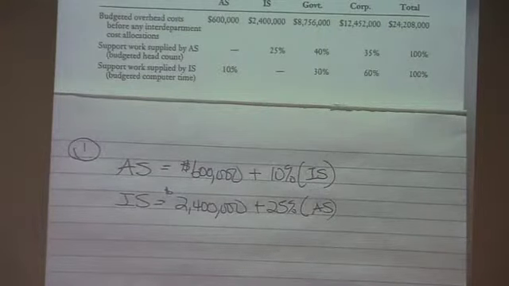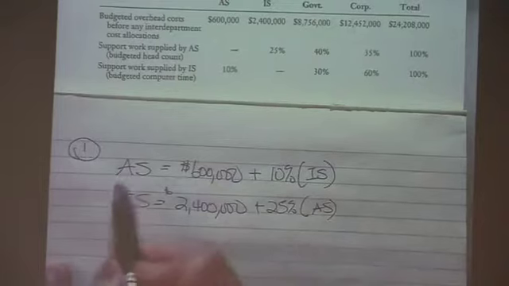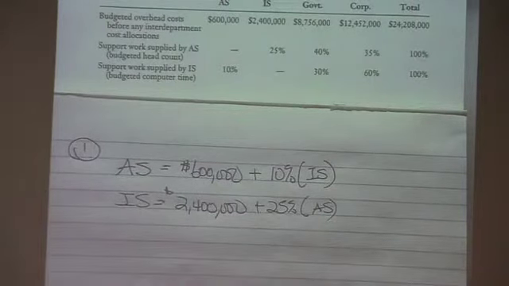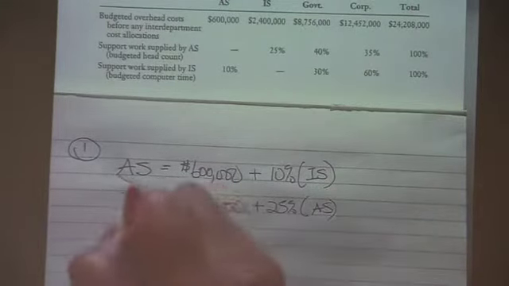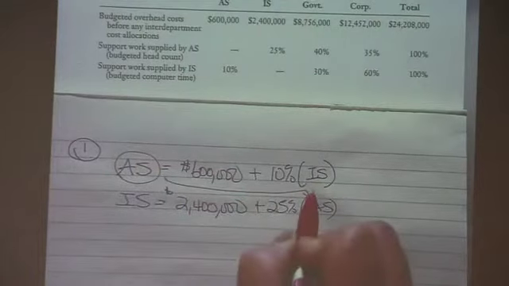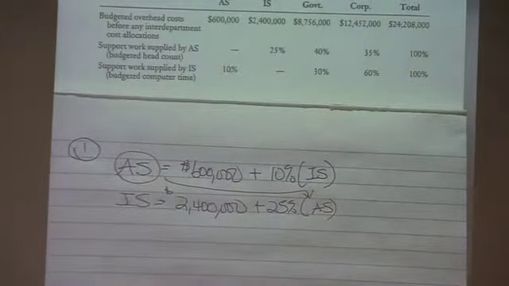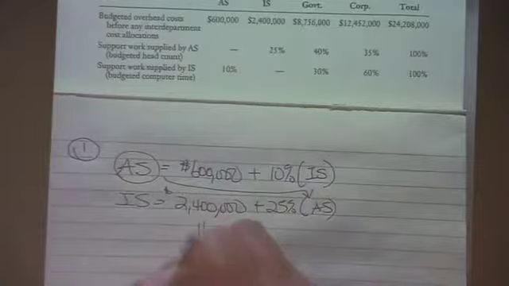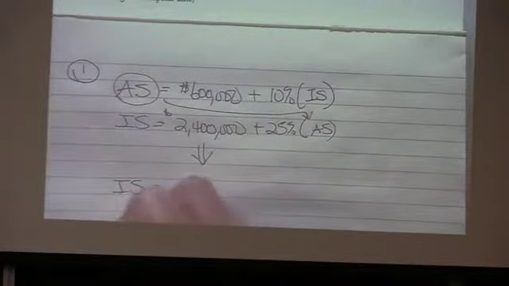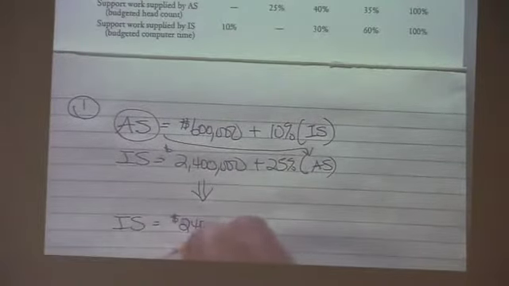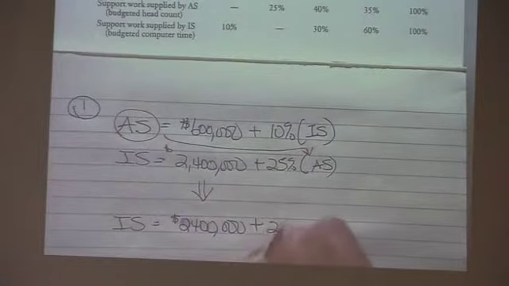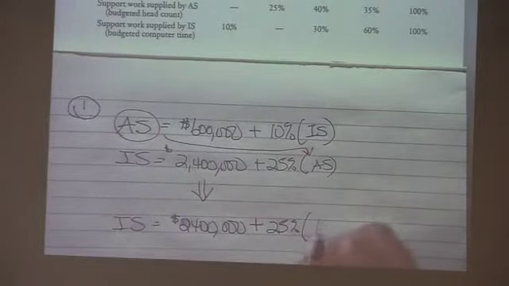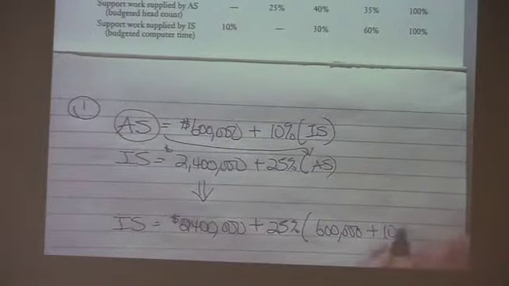So what we're going to do is take this equation and plug it in here to solve for IS. So IS equals 2.4 million plus 25% of 600,000 plus 10% of IS.